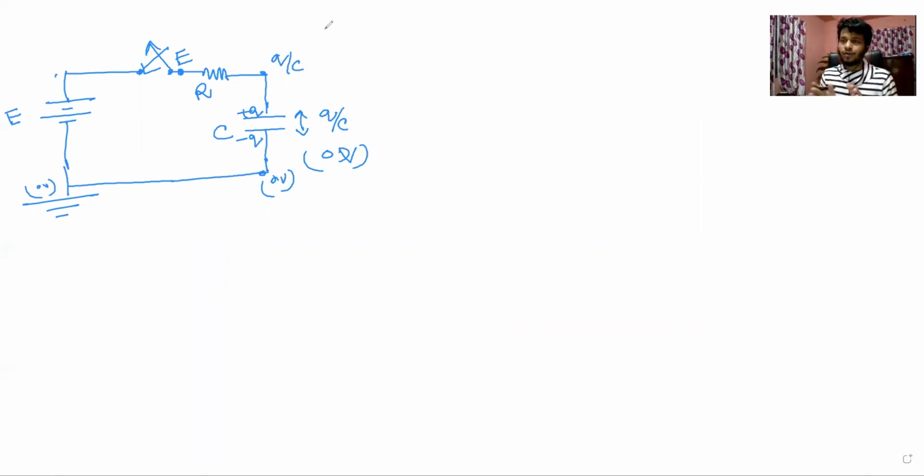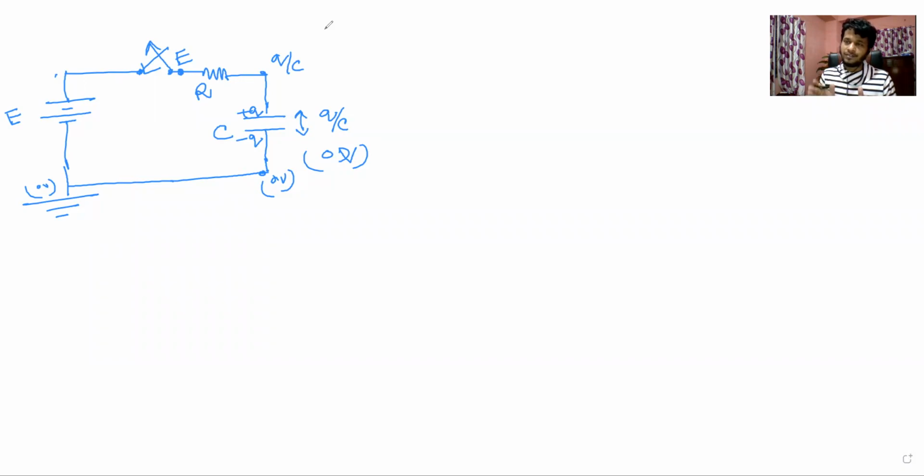So now we have already calculated the potential across the capacitor at time t and the charge across the capacitor at time t, considering the initial condition. If the initial condition is 0, then we know the formula for charge and voltage across the capacitor.